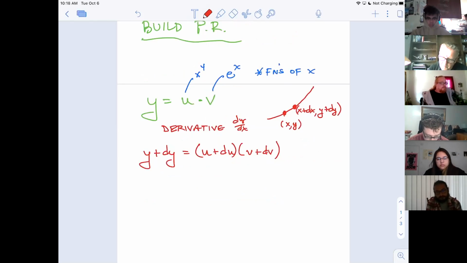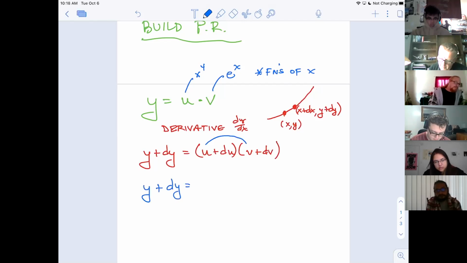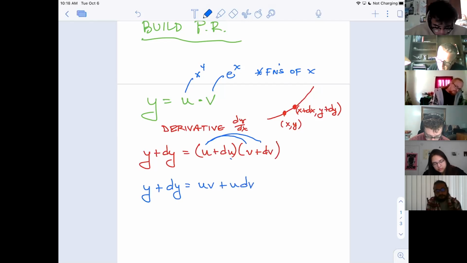Well, at least I see something to do now, which is that I could multiply this out. Like I could say, okay, fine, y plus dy on the left side. The right side, if I use the distributive property, would be u times v. In other words, the two functions that I haven't named yet multiplied together. And then it would be u times dv. And then v times du, or du times v.